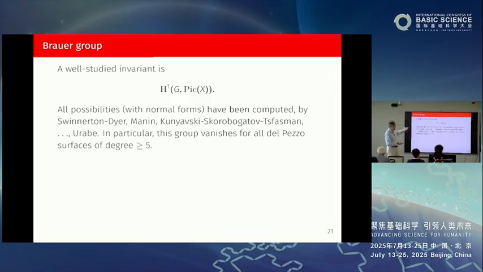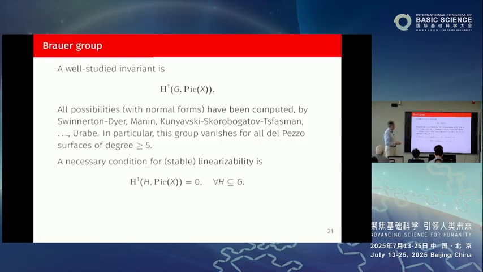And so this group vanishes for all del Pezzo surfaces of degree bigger than or equal to 5. And then there is a big paper by Kunyavskii, Skorobogatov, Tsfasman, where del Pezzo surfaces of degree 4 have been completely described, studied, and so on. Anyway, so this group is known. And, okay, be it over non-closed fields or equivariantly, a necessary condition for stable linearizability is that this group vanishes, not only for the group, but also for all subgroups.